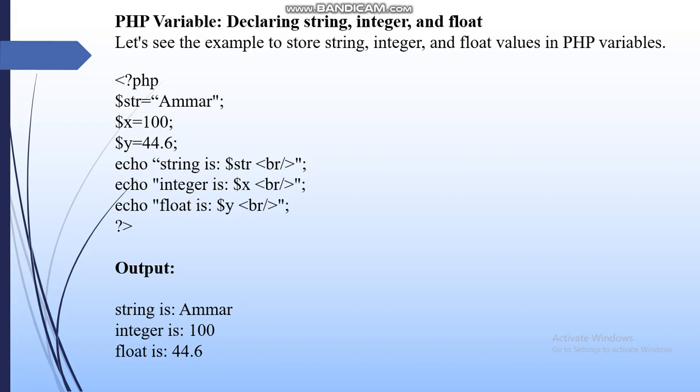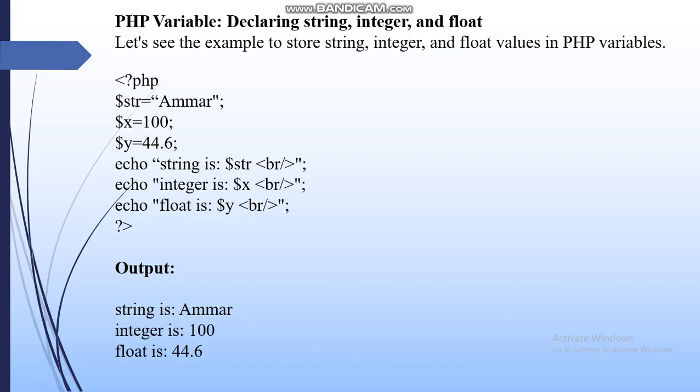As we said in the previous slide, PHP is a loosely typed language, so no need to declare a data type with a variable. Here we have written $str equal to its value. And we also discussed in the previous slide that we use the assignment operator to assign values. So $str is the variable name, equal is the assignment operator, and Ammar is the value of that string variable.